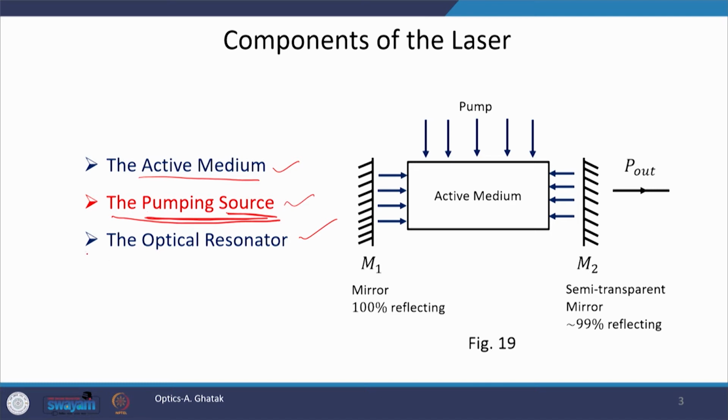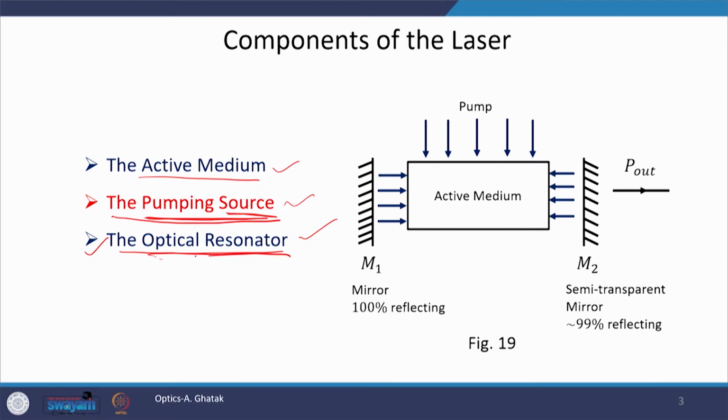The third component of a laser is the optical resonator. Now, suppose we have achieved population inversion. The electrons or the atoms will go down to the ground state and then emit photons. These photons, if they are put between two mirrors, will bounce back and forth.